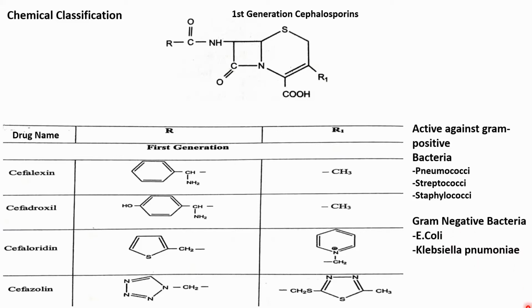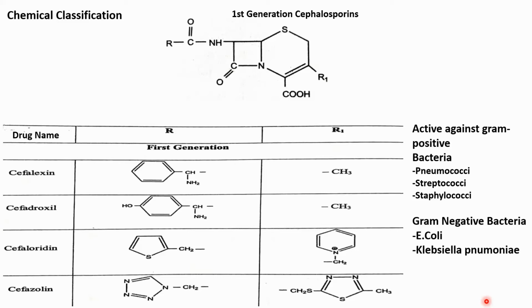Here on the screen you can see the drug names for first generation drugs, and the R and R1. In both these R1 and R2, the substituted groups are shown on the screen. According to the different functional groups at R and R1, these drugs have been classified.